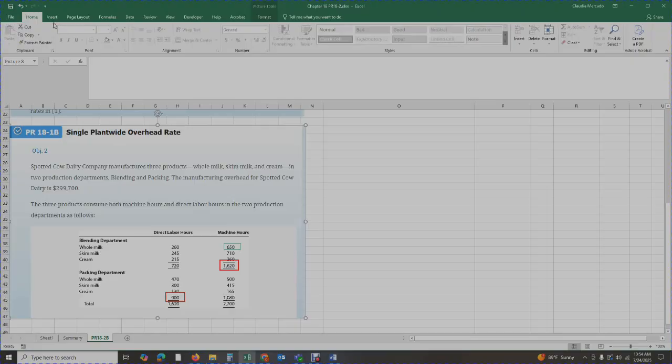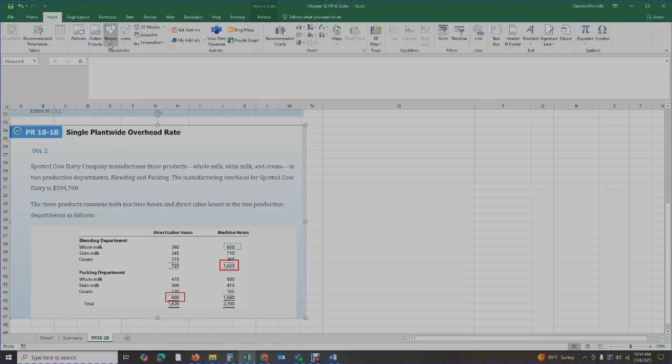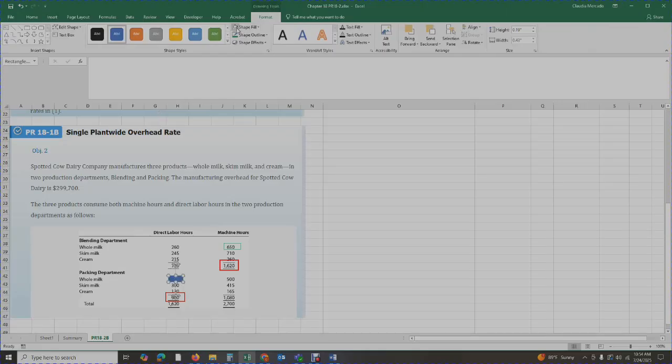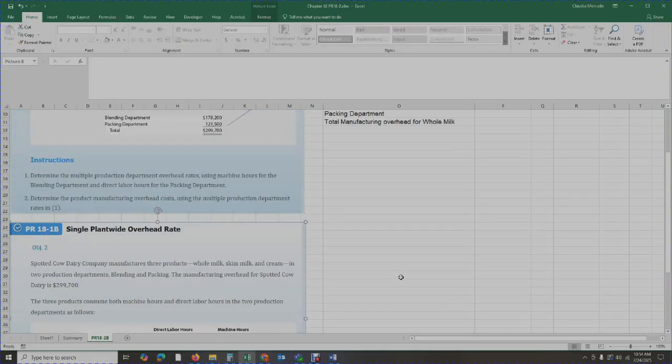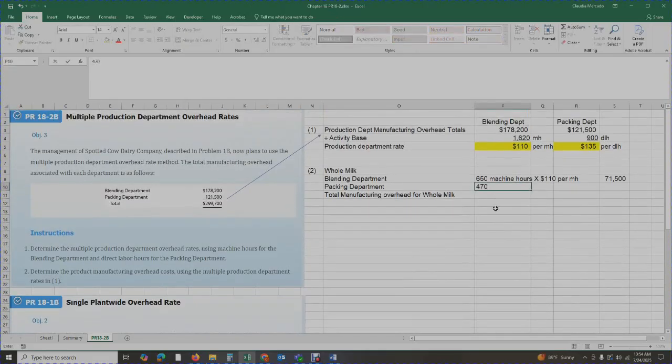The second number we're picking up is for whole milk in the packing department, so that's the 470. That's where the numbers are coming from. We're doing the same thing, it's just that for blending we use machine hours, and for packing we use labor. So we've got 470 direct labor hours, and we're going to multiply that by my direct labor hour rate of $135 per direct labor hour.